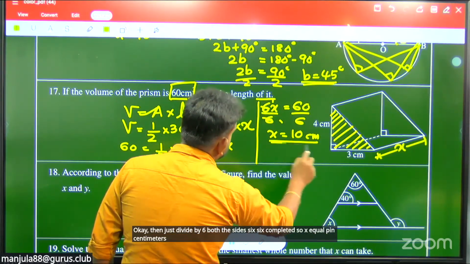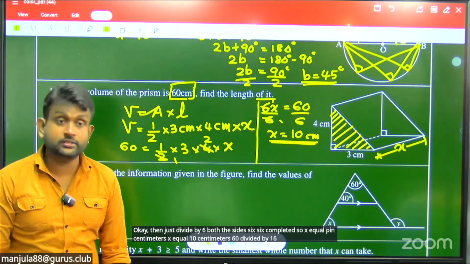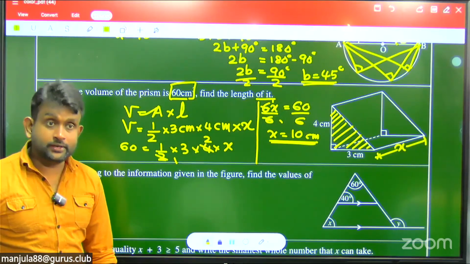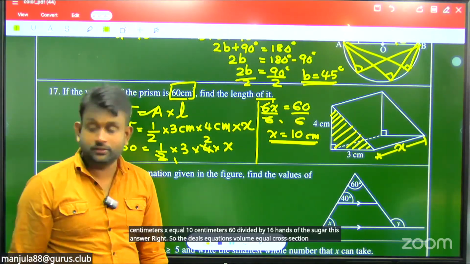Hands up those who got this answer. So the equation is volume equals cross-sectional area times the length.